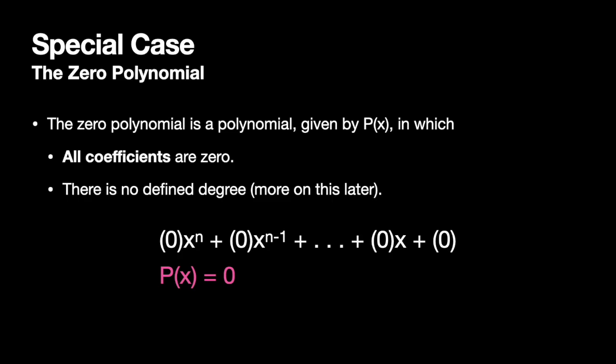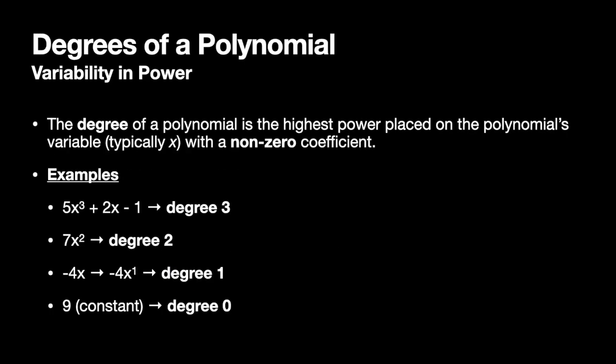So an important point to note here is that the degree, which we'll discuss later, the degree of a zero polynomial is never defined because there is no non-zero term to determine the degree. Now I said that, but what is a degree itself?